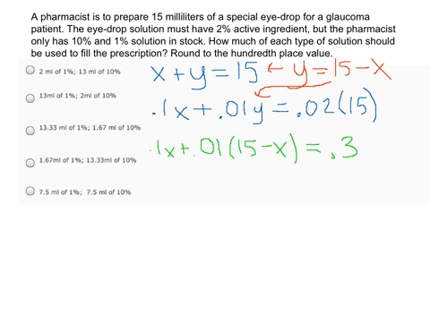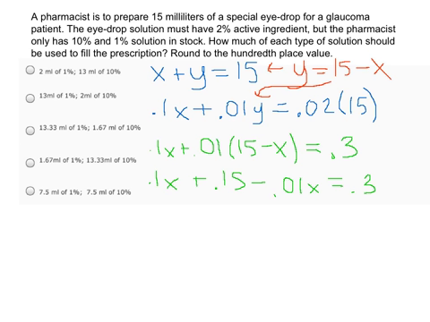Now to simplify, we're left with 0.1x plus 0.15 minus 0.01x equals 0.3.